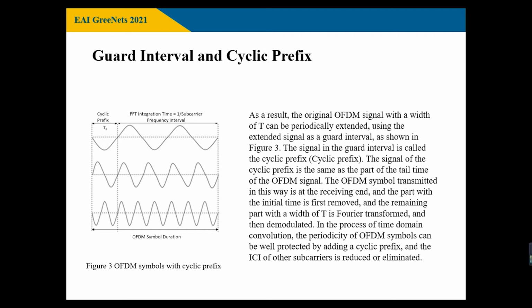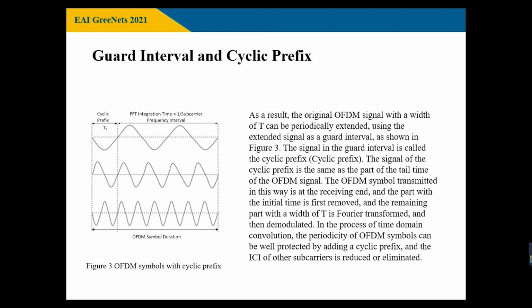As shown in Figure 3, the signal in the guard interval is called the cyclic prefix. The signal of the cyclic prefix is the same as the part of the tail time of the OFDM symbol.